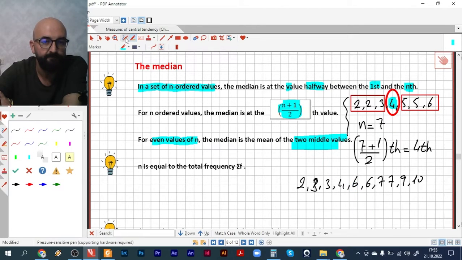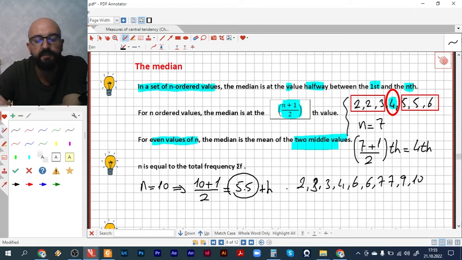For example, we have 10 values and 10 plus 1 over 2 is 5.5. It shouldn't be a 5.5th value, so we should look at the 5th and 6th values, and we should find the mean of these values.